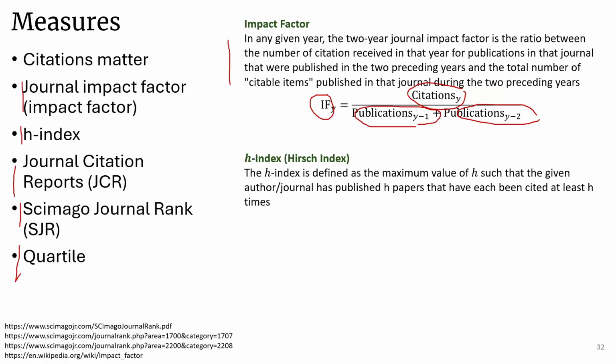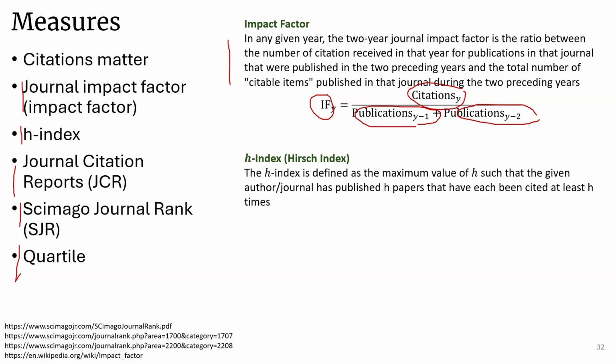So H index, the Hirsch index, I think due to a professor. The H index is defined as the maximum H value such that a given author or journal has published H papers that have each been cited at least H times. So for example, if your H index is 10, that means you have at least 10 papers that have got at least 10 citations each. 10 papers with 10 citations.